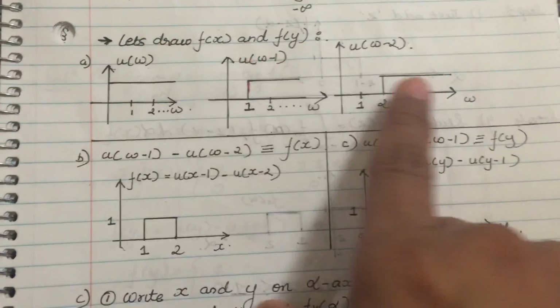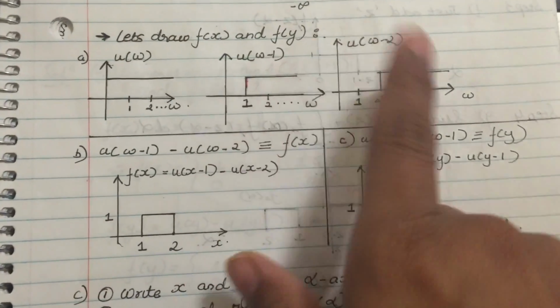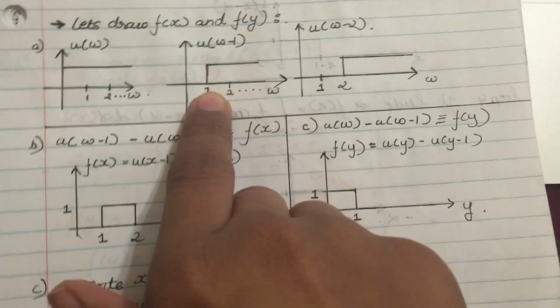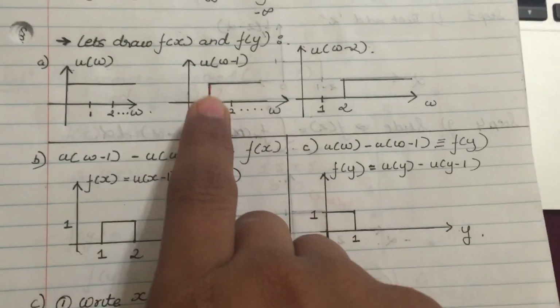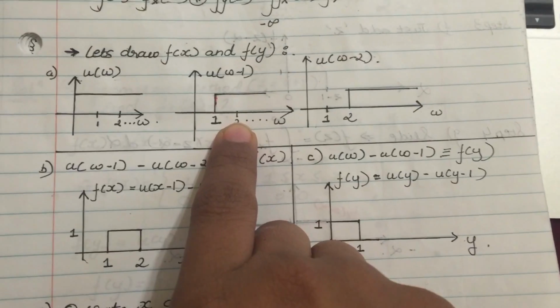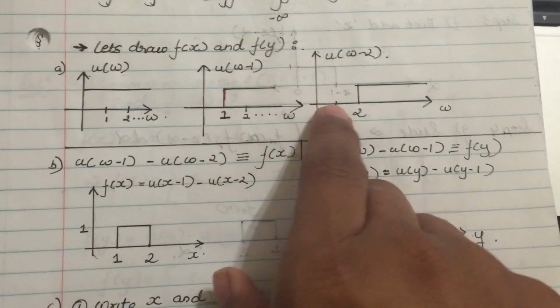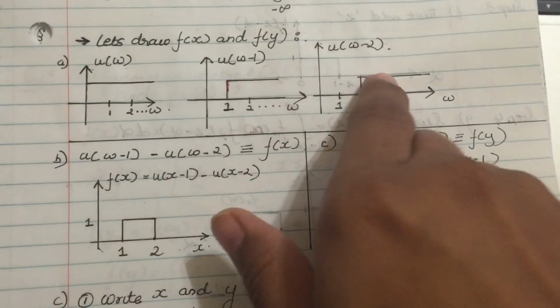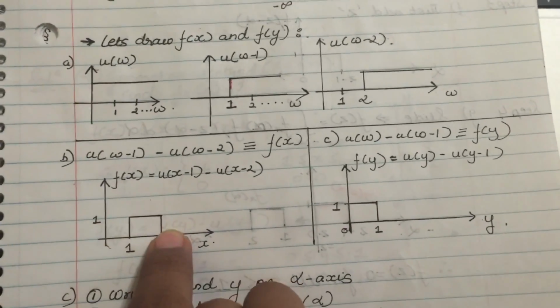We're doing this minus this. So from 0 to 1, it's 0 minus 0, so you get nothing. From 1 to 2, it is 1 minus 0. That's why you get it from 1 to 2. And then from 2 onwards, it's 1 minus 1. So you just get this one block here.